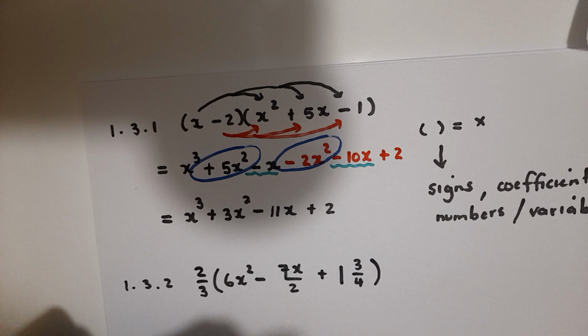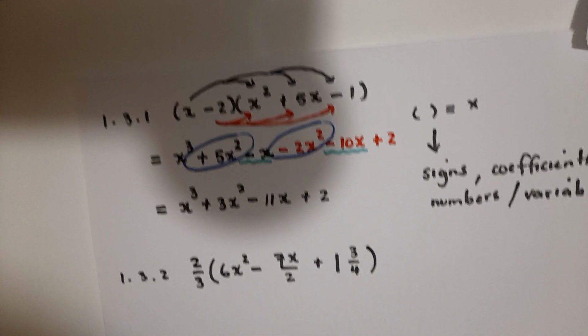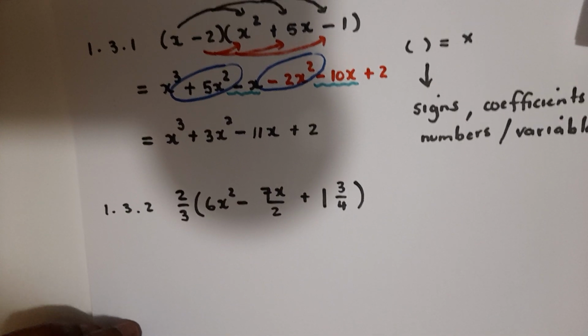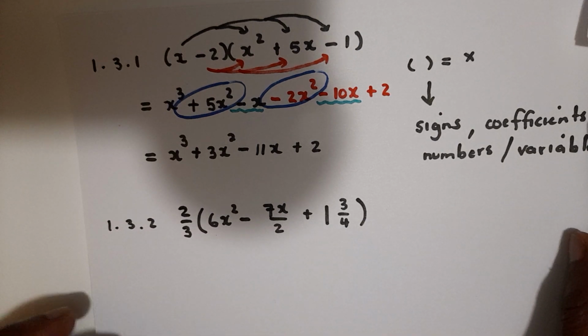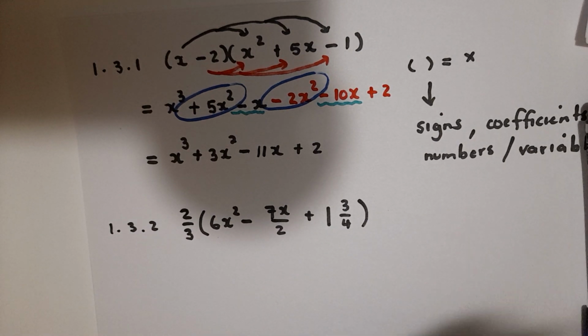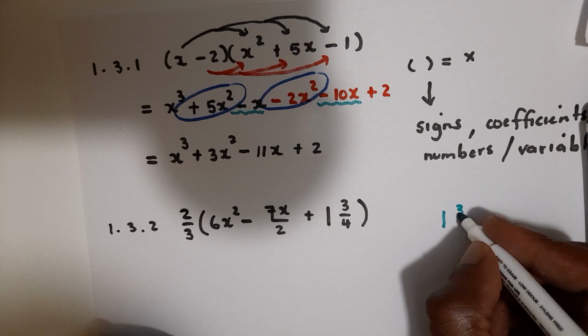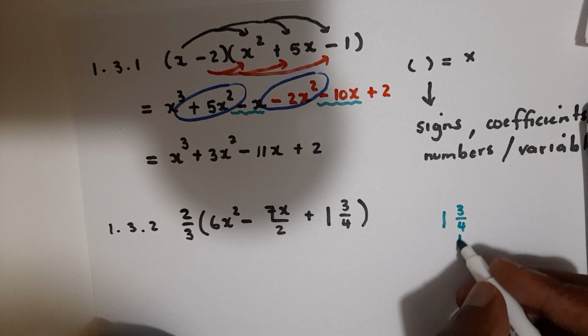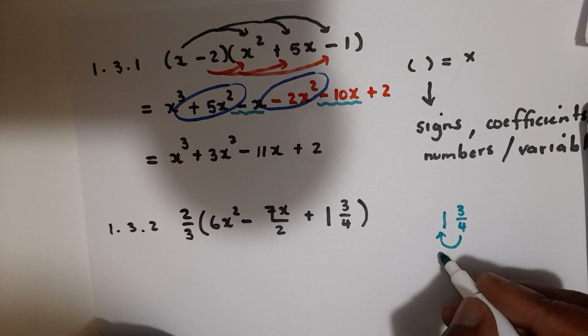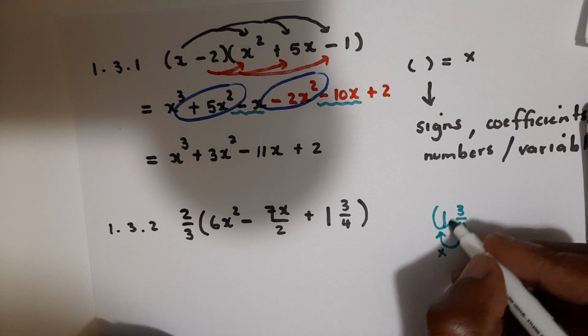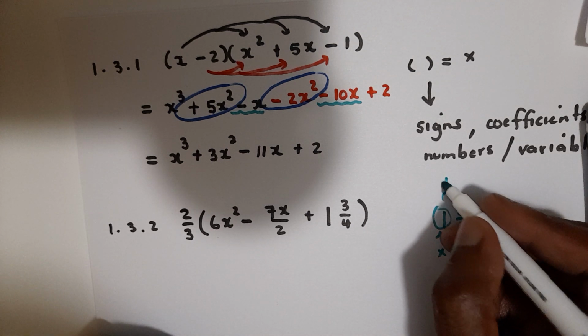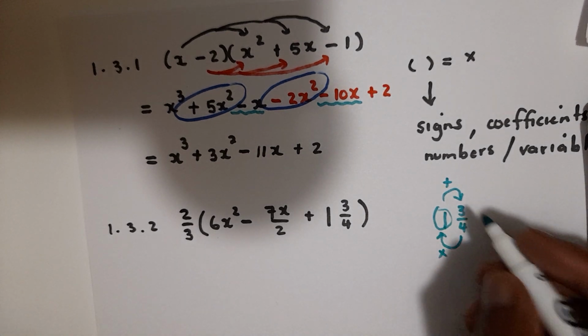Ladies and gentlemen, before I continue with this, I'm just going to have to rewrite this mixed fraction as an improper fraction. I know that 1 3/4, I have to multiply the denominator with the whole number. The answer that I get here, I add to the numerator, and I keep the denominator.